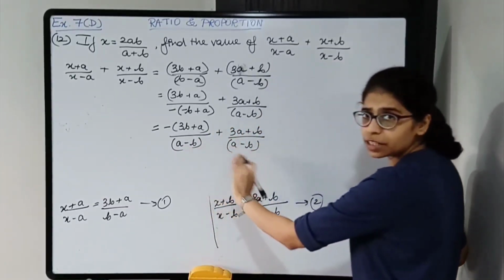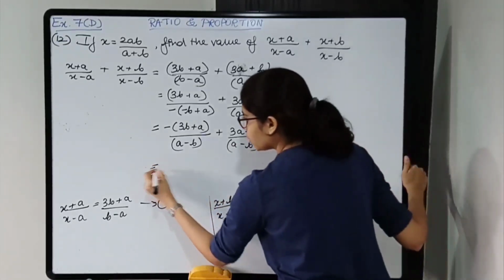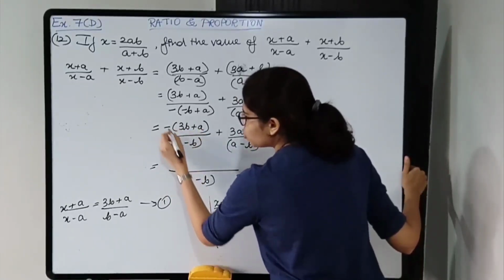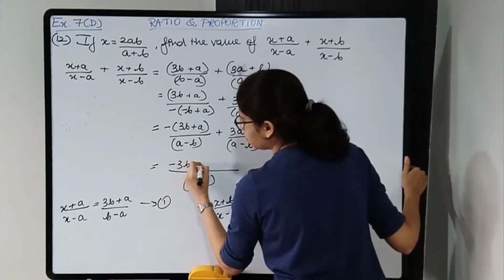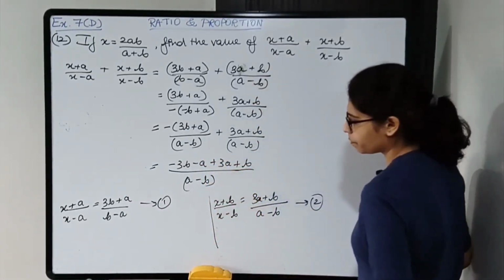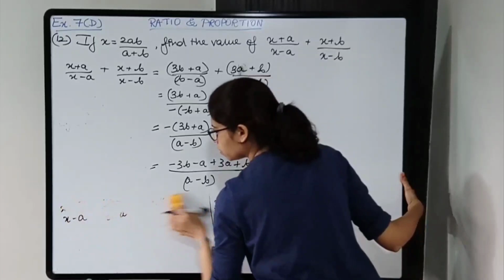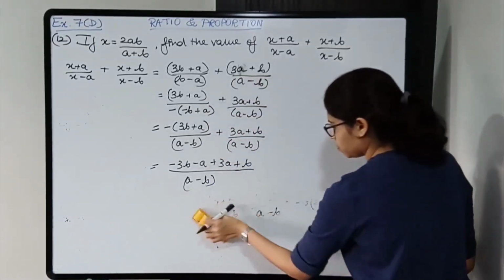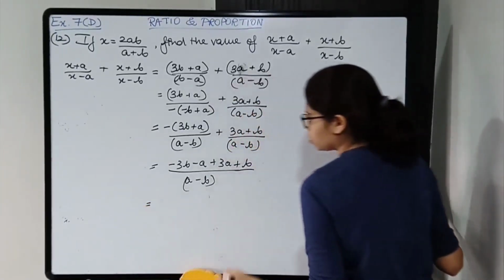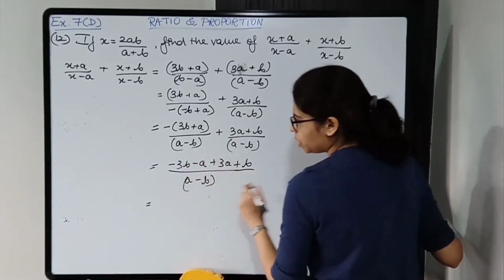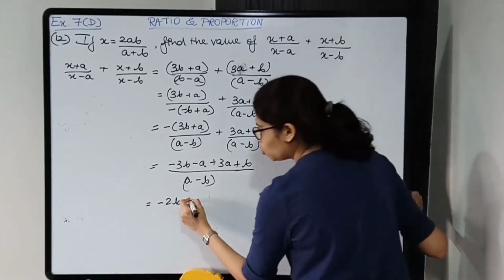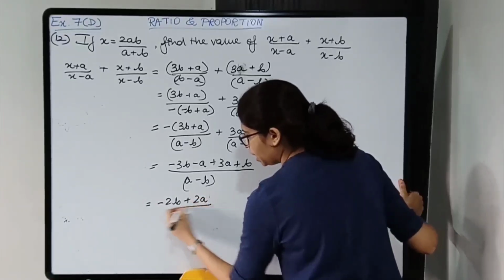We have a common denominator, we can take it now. So a minus b will be common. Here the signs will change, opening the brackets, minus 3b minus a plus 3a plus b. Minus 3b plus b will give minus 2b. 3a minus a will give 2a. Be careful with signs.